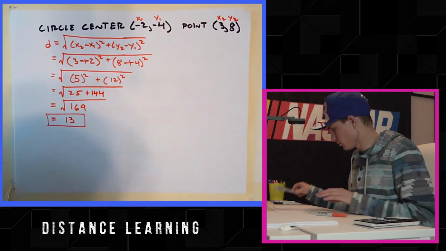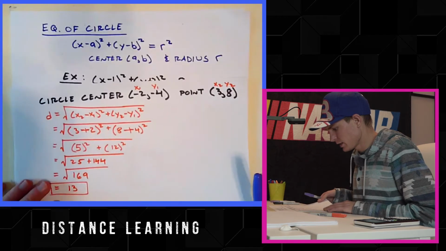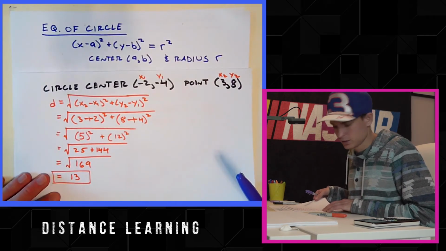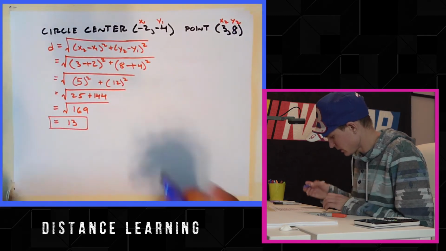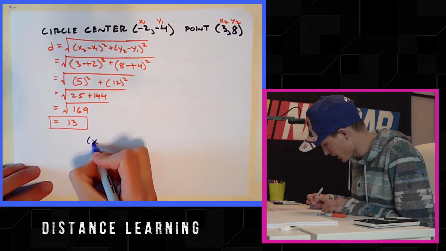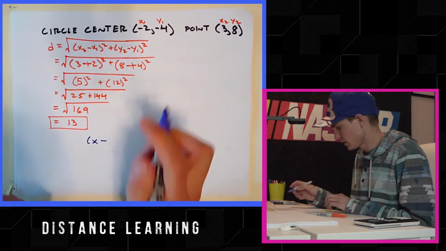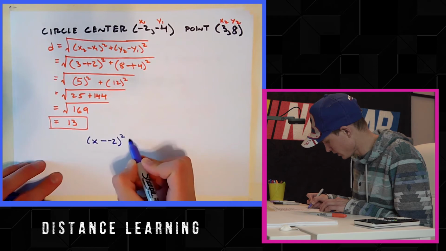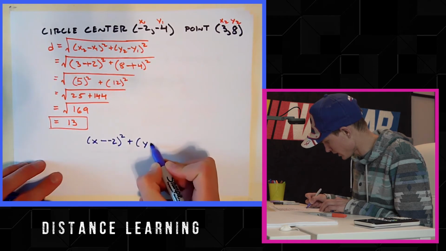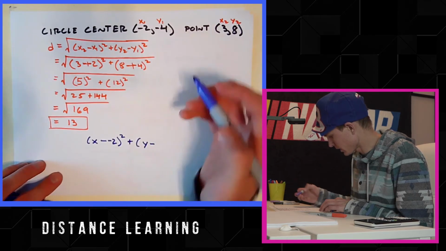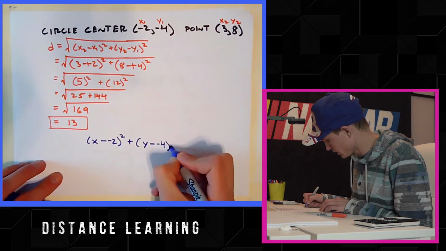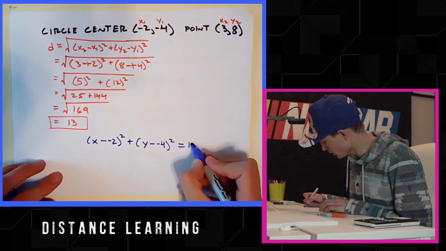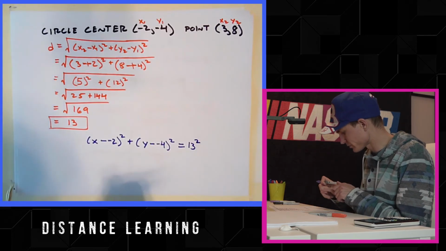We wrote down before the equation of a circle. So it's going to be (x minus negative 2) squared plus (y minus negative 4) squared equals radius squared, 13 squared.